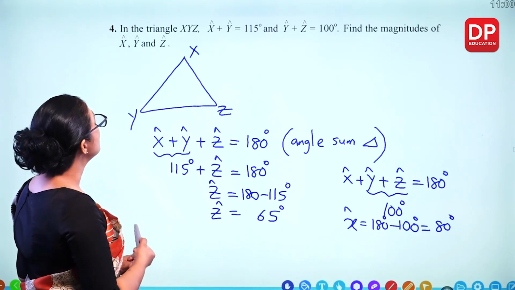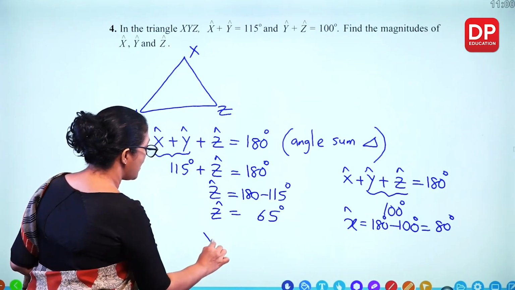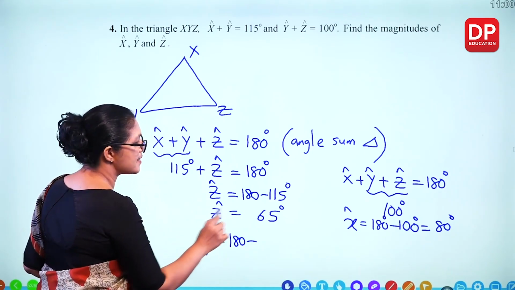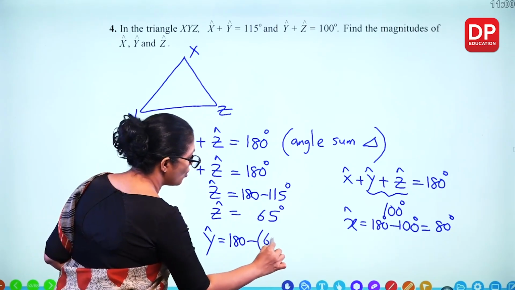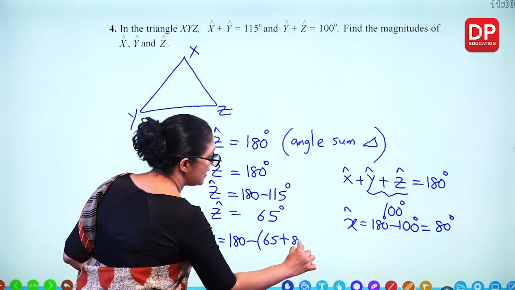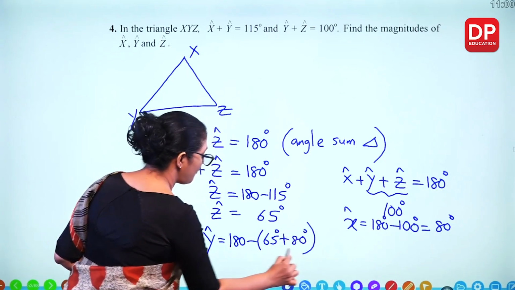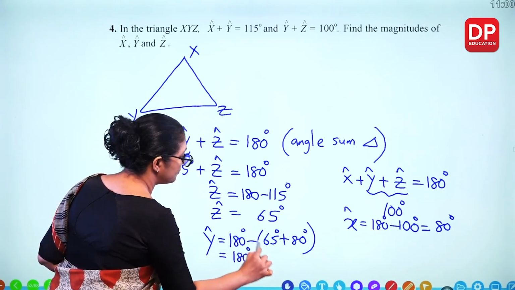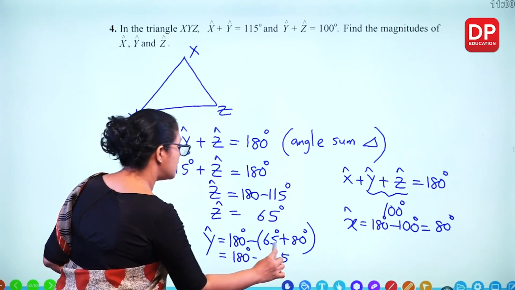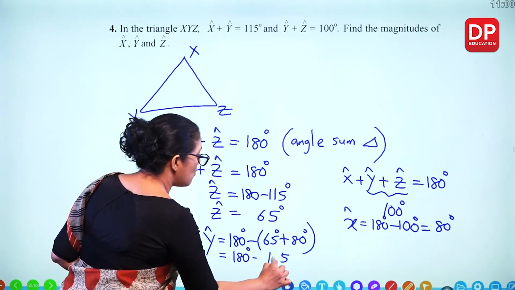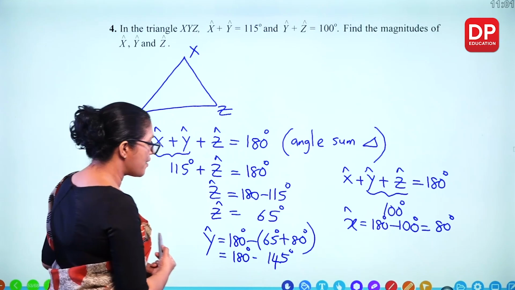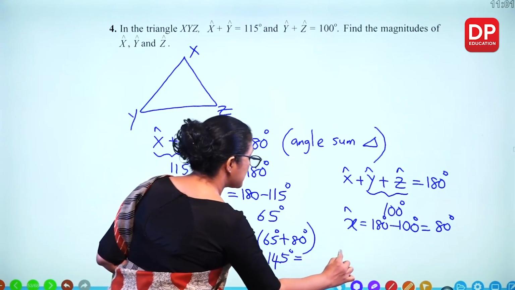So what's the value of y? Y is 180 minus the sum of these two, 65 and 80. What's the value? 145. You have to subtract from 180. So what's the answer?